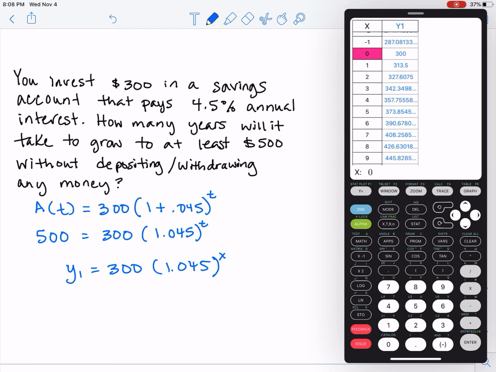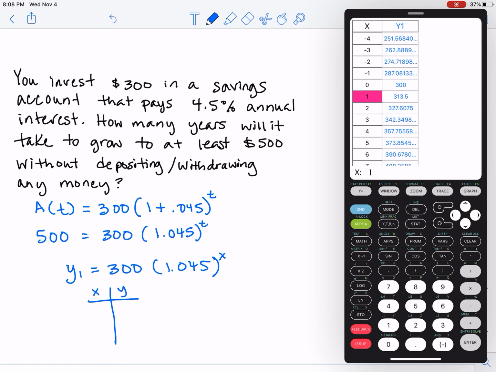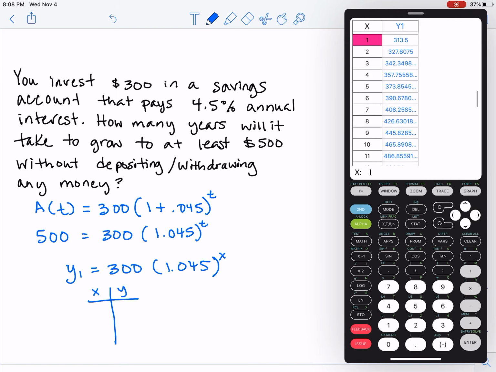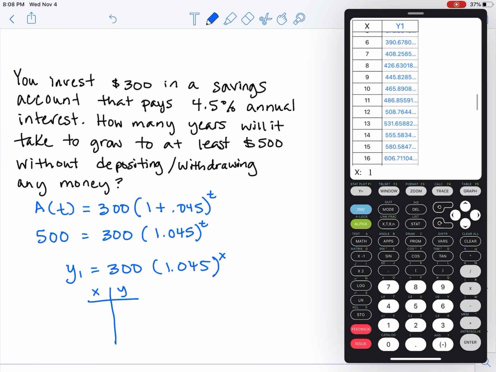Second graph. So I'm looking at the table, and what I want to know is, when is the y value $500? When will it reach $500? So let me go down here a little bit. Let's see here.